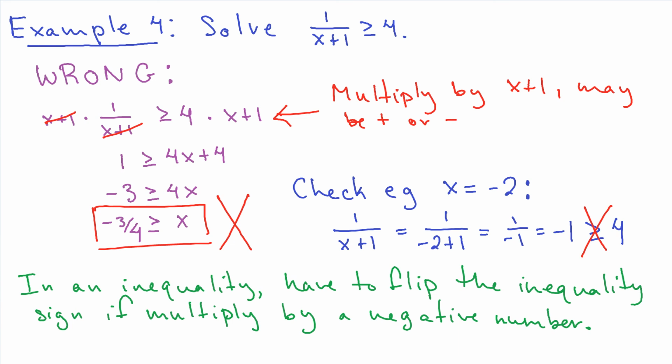So we don't know whether to flip the inequality or not. So this is why we get this false solution, because we've done this illegal step of multiplying by something that might be positive or might be negative.